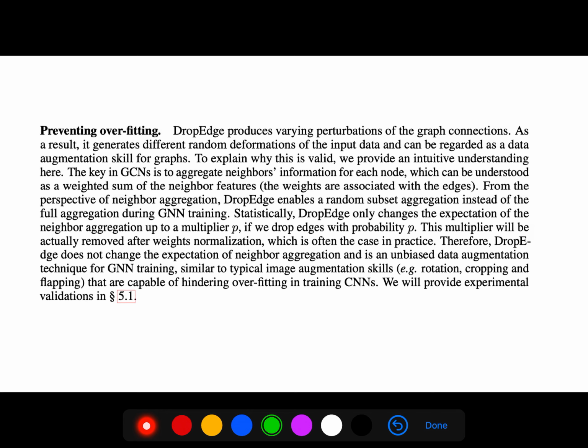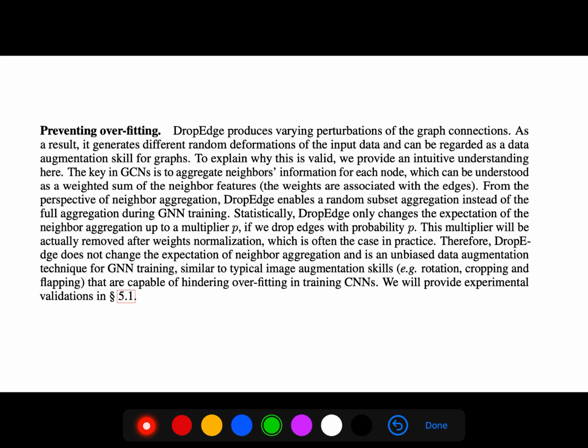The key in GCNs is to aggregate neighbors' information for each node, which can be understood as a weighted sum of the neighbor features. From the perspective of neighbor aggregation, DropEdge enables a random subset aggregation instead of the full aggregation during GNN training. Statistically, DropEdge only changes the expectation of neighbor aggregation up to a multiplier.